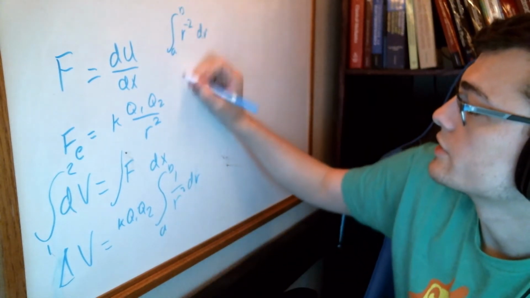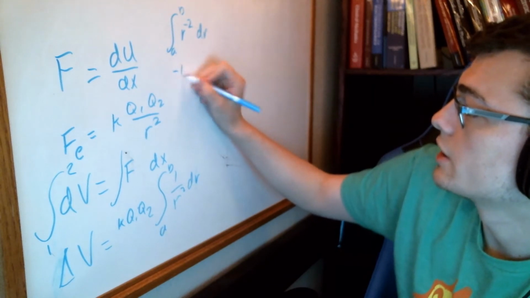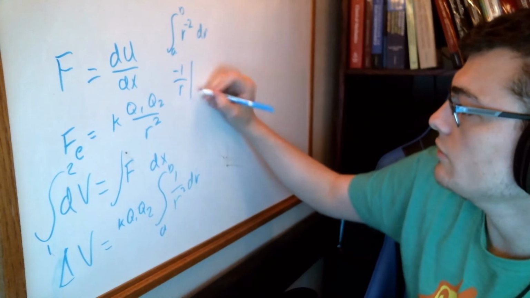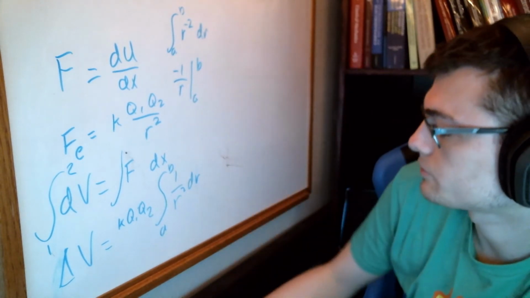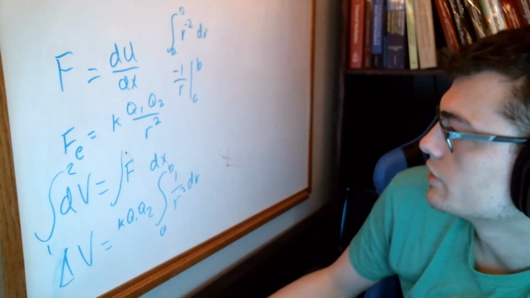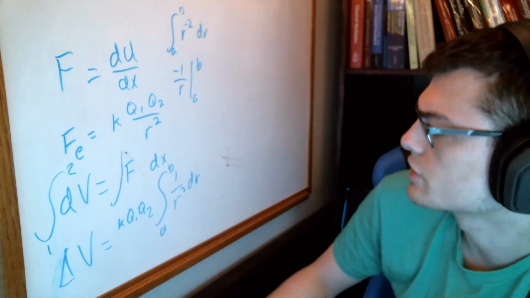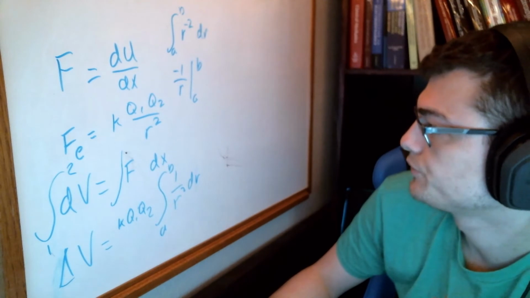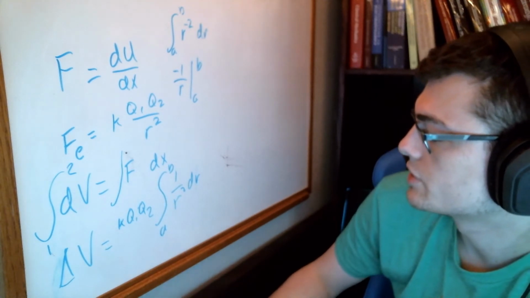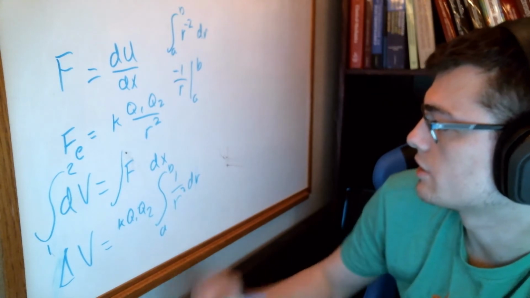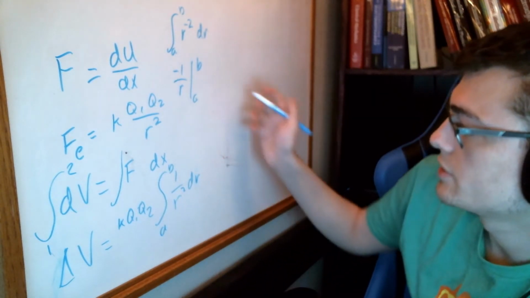This is going to be -1 over r from a to b. You can usually leave it like this. Obviously, you have to keep in your constants from out front. This is letting you know the potential difference between these two charges, or two points in space.